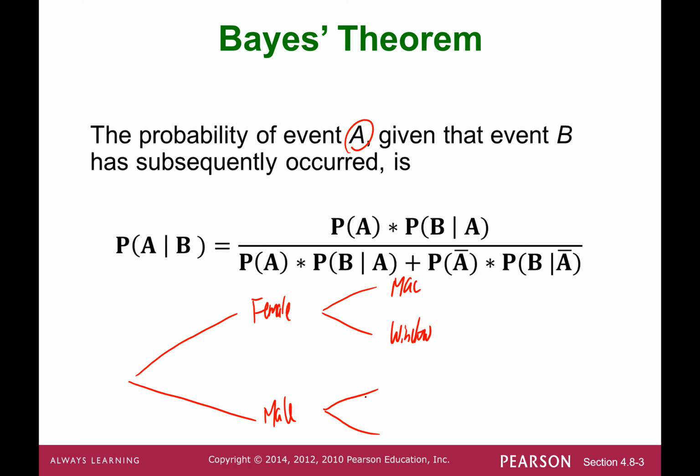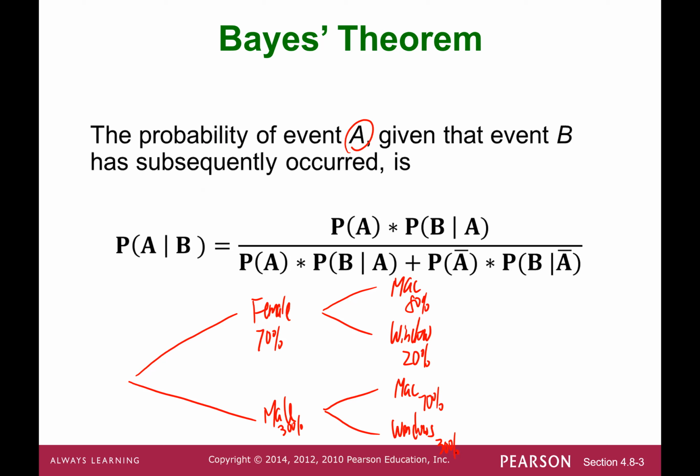So we know this is 70%, 30%, and this is 80% and 20%. Hypothetically speaking, let's say for male students, Mac is 70% and Windows 30%.